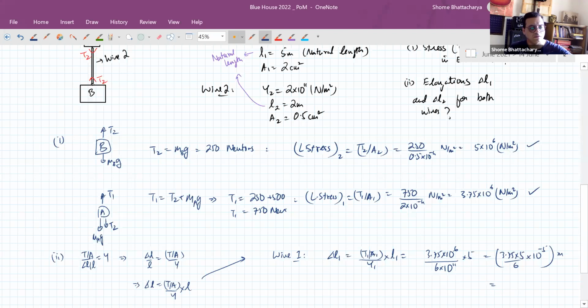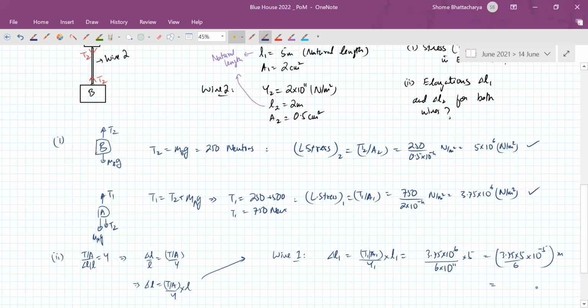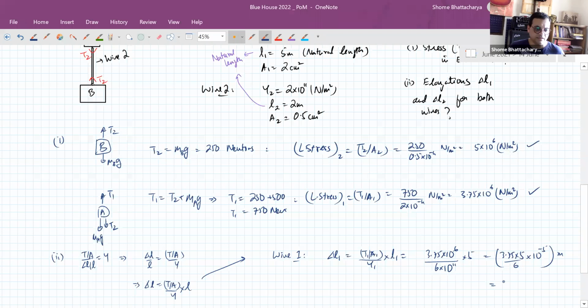So that is 5 by 6 into 3.75. Very small amount of extension you can see. So 3.125 into 10 raised to minus 5. So we can even write that as 31.25 micrometers, because this will be 3.125 into 10 raised to minus 5 meters. So you can express it in micrometers. So this is the amount of extension.